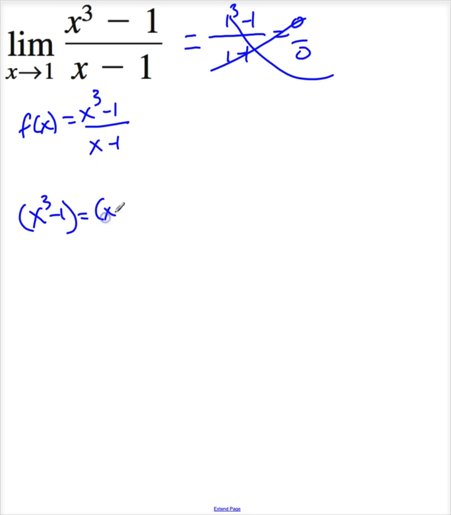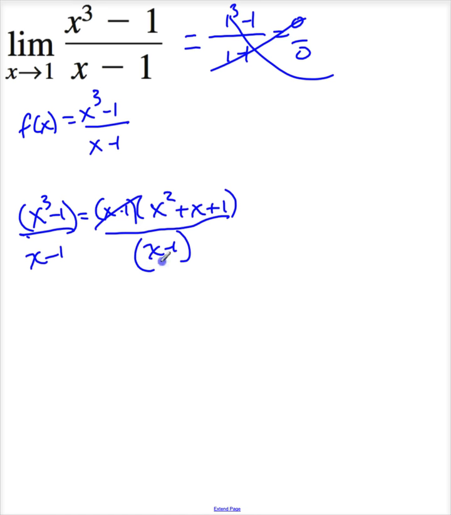And of course that's x minus 1 times x squared plus x plus 1. And so I'm going to divide this by x minus 1. And those are going to go away. So I'm going to define g of x as x squared plus x plus 1.